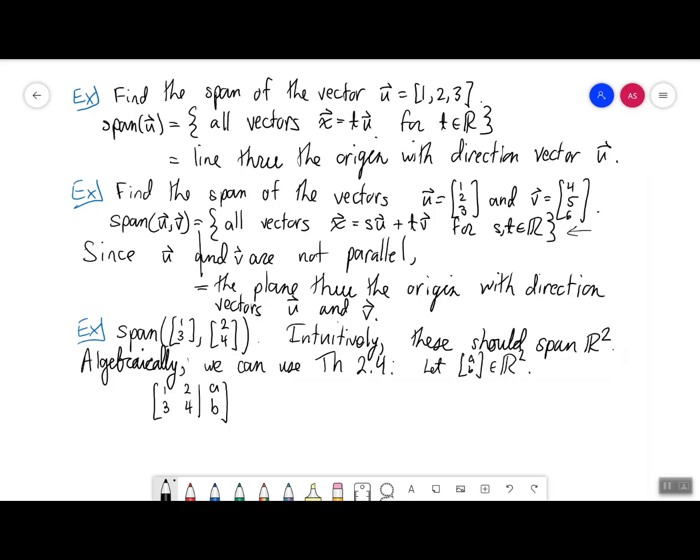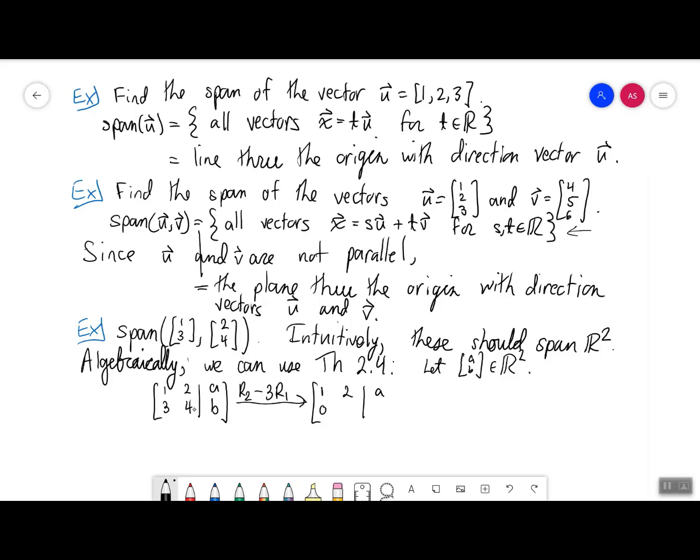I can use Gaussian elimination. I can do row 2, replace that with row 2 minus 3 times row 1. And when I do that, I'm going to get a 1 here, still a 2 here and an a here because I didn't operate on row 1. For row 2, I have 3 minus 3. Okay, that's 0 as I hoped.